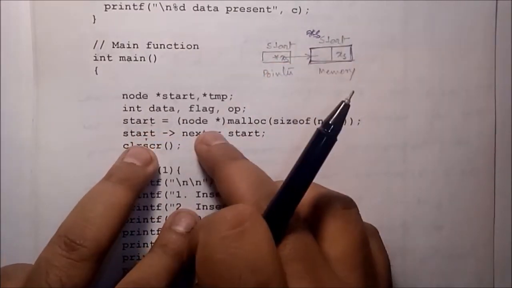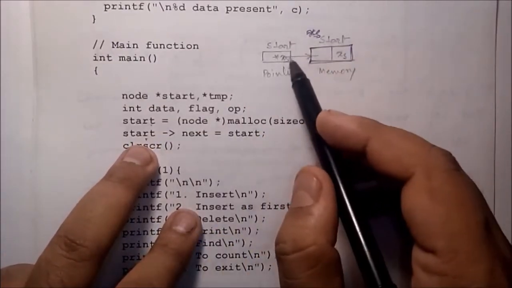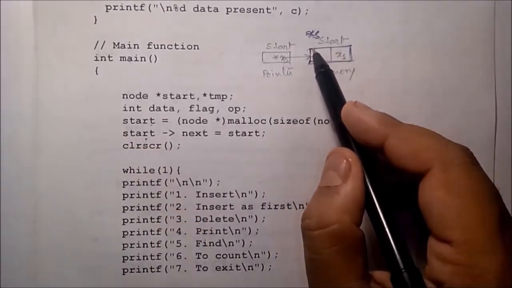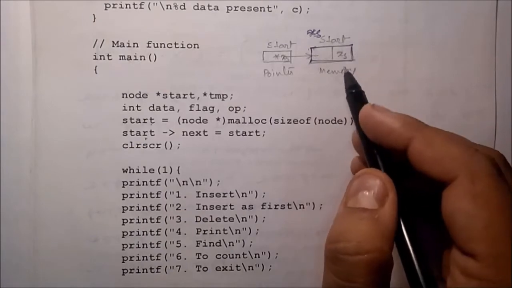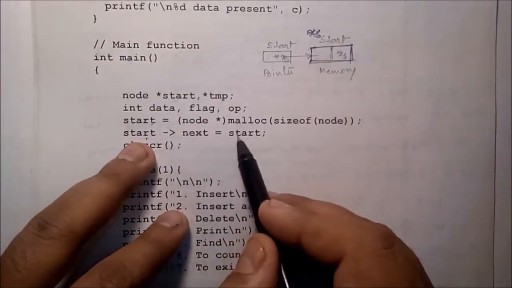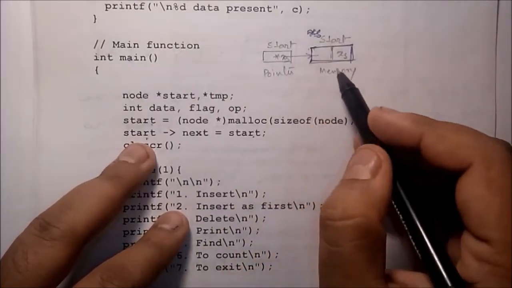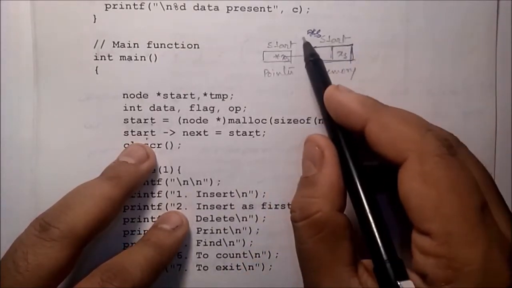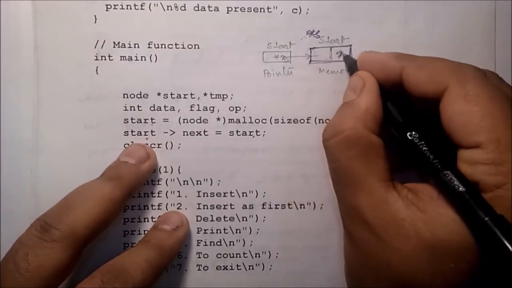Clear? Now start next means this particular portion, and here we store start. So in start next we store the address of this particular portion, assume it is xx. Now here it is xx.